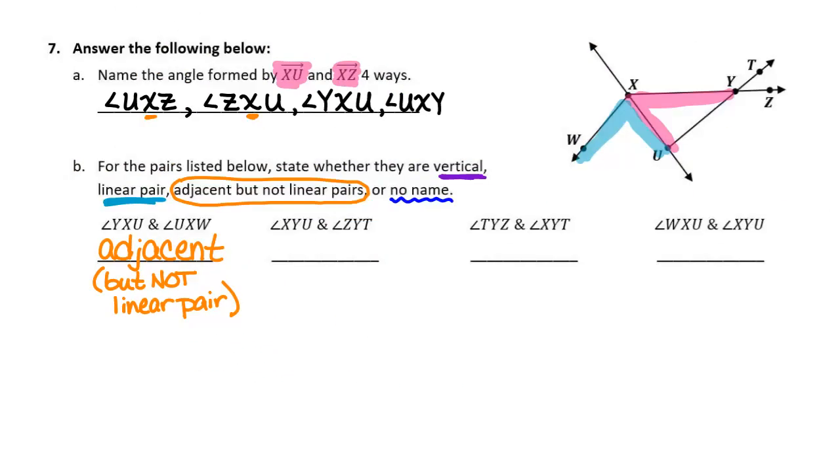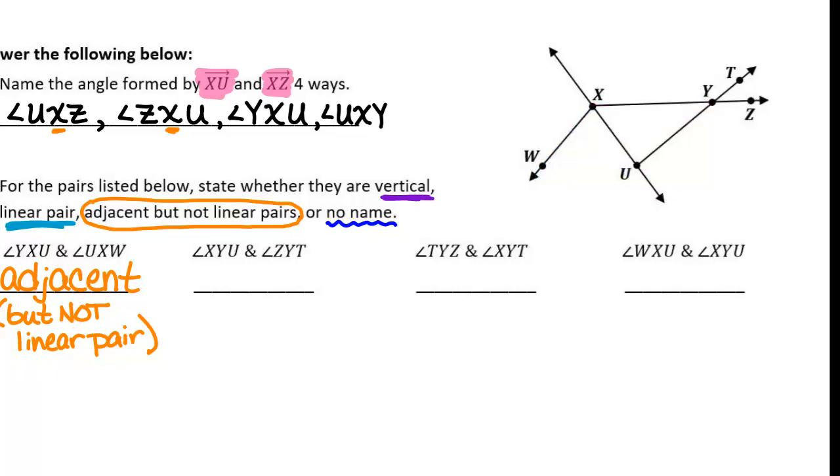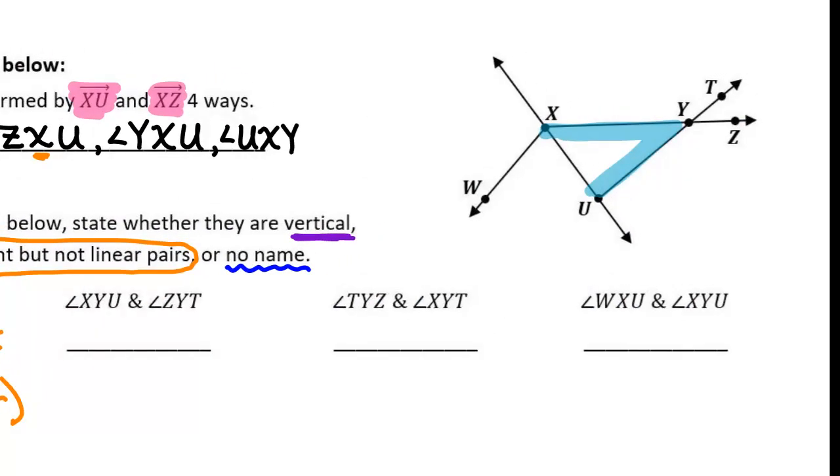All right, let's look at the next pair of angles. We have angle XYU, this angle right here, and angle ZYU, this angle right here. Do those two angles have a shared side? Is there a side that is marked with both blue and orange? No. They don't have a shared side, so they're not adjacent angles, and therefore they can't be a linear pair because there's no side that's shared by both of those.